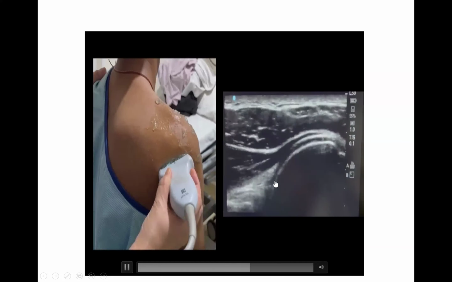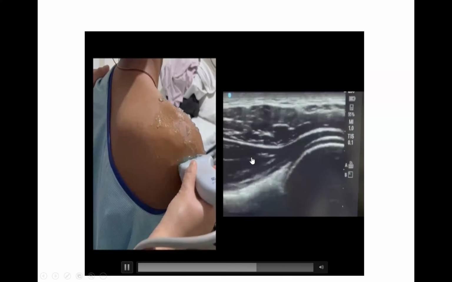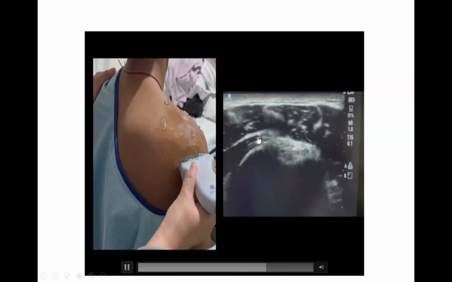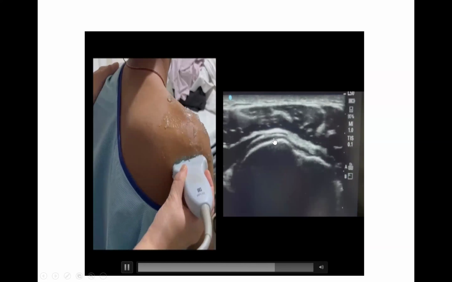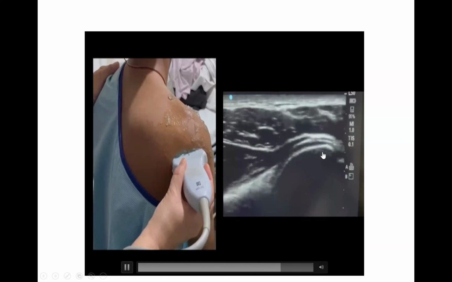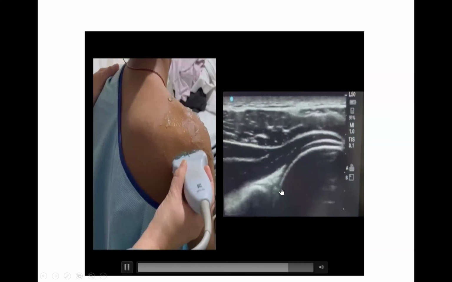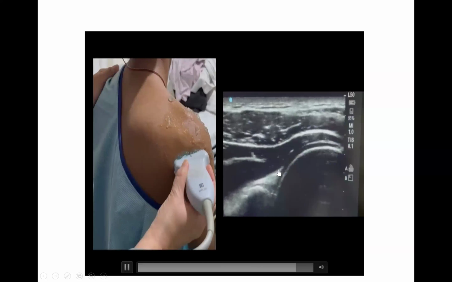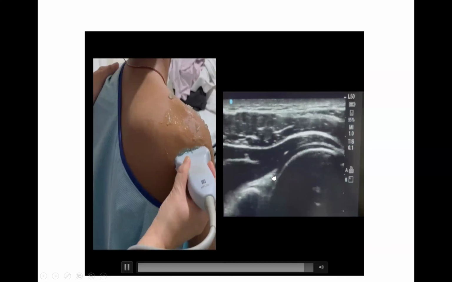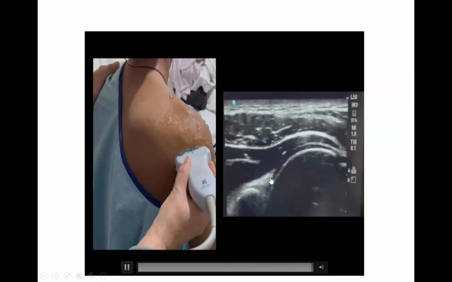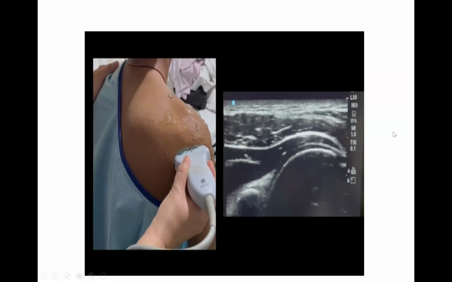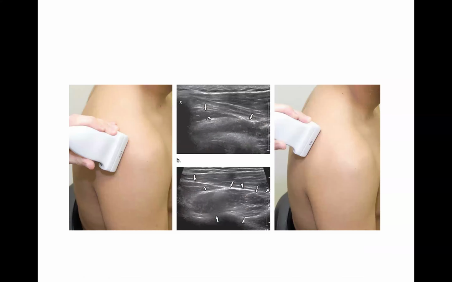This is the head of the humerus, giving attachment to the infraspinatus tendon. This is the infraspinatus tendon getting attached here to the head of the humerus. This is the labrum, the posterior labrum. And this is how we evaluate the posterior labrum and the infraspinatus.